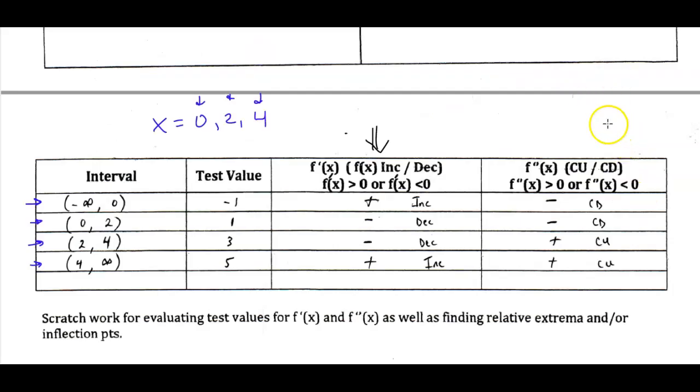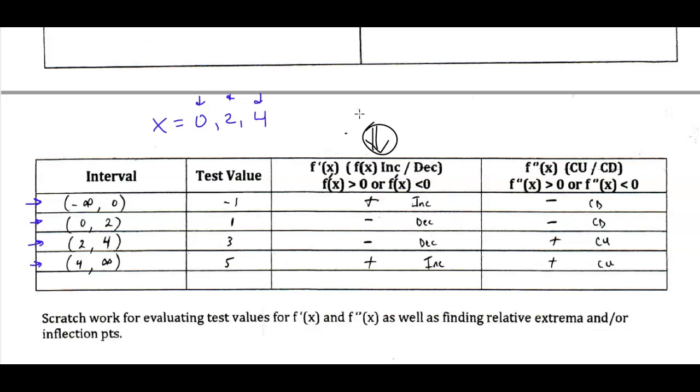And so what we see here is that, again, anytime in this column with the first derivative, positive means increasing, negative means decreasing. In the second derivative, negative means concave down, positive means concave up. And so now that we have this, the next thing that we need to pay attention to here is precisely those questions that we talked about in the part 1 video.